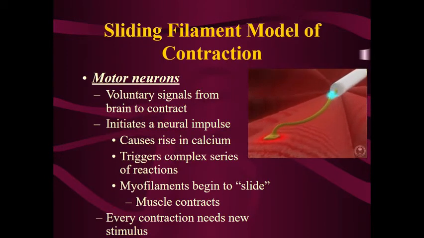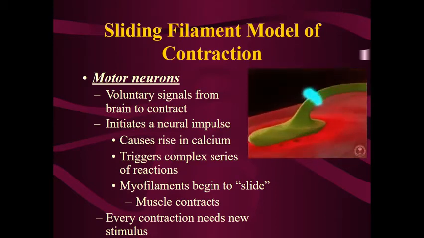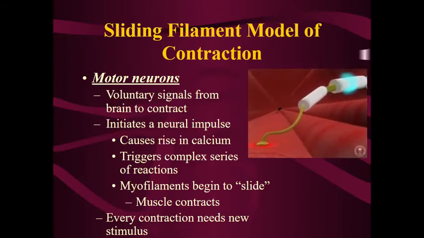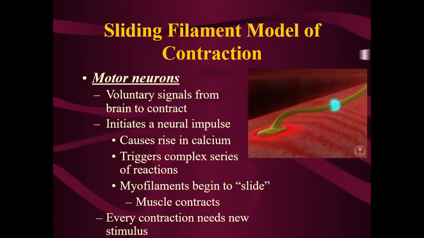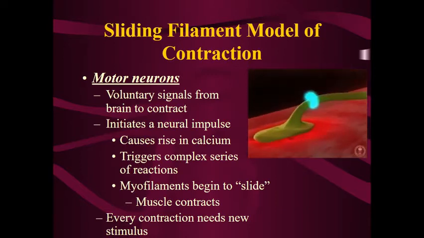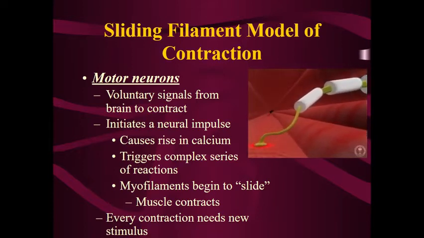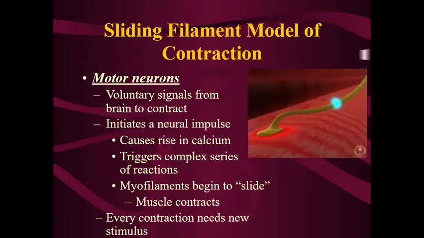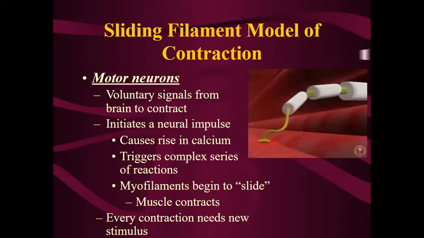It initiates a neural impulse in the muscle tissue, which causes a rise in calcium. That triggers a complex series of reactions, and then the myofilaments begin to slide over one another, and the muscle contracts or shortens. Every contraction needs a new stimulus.